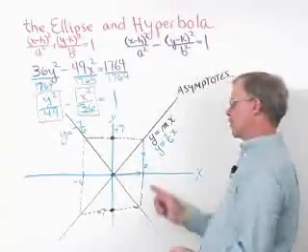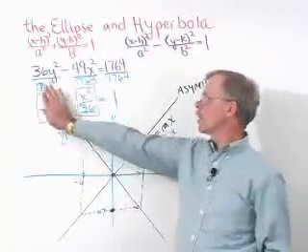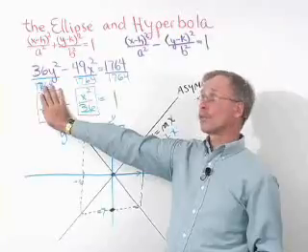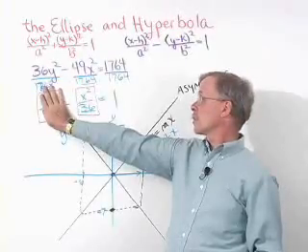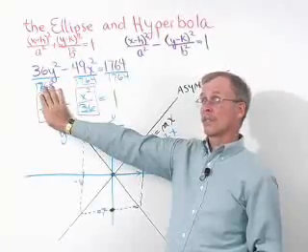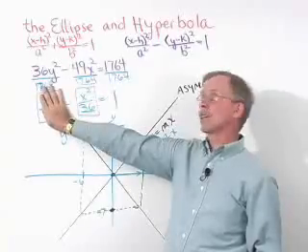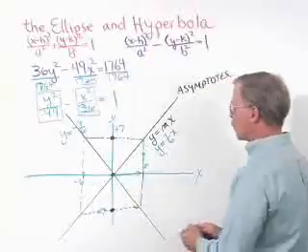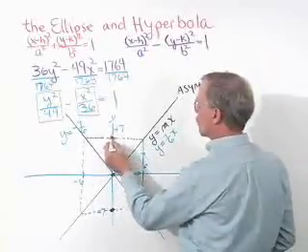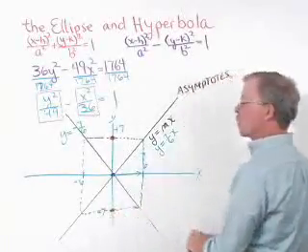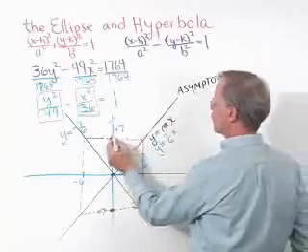We can't cross the x-axis because if we cover this up, we'll see that x squared over 36 is positive, but negative x squared over 36 is negative. It can't be equal to 1. So we know that it's going to start here and here, and it's going to approach our asymptotes.